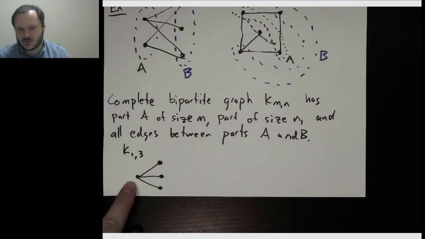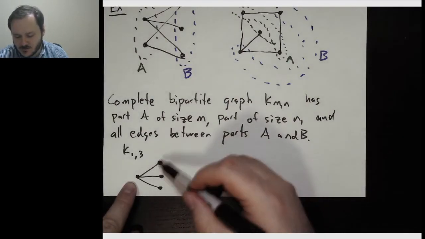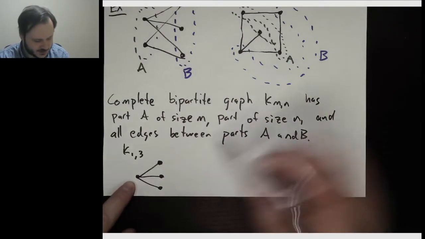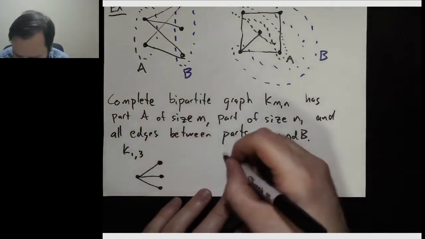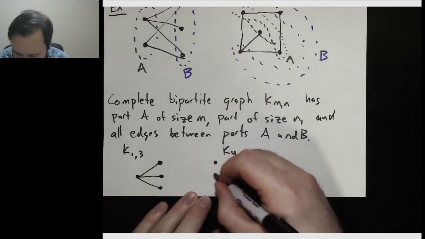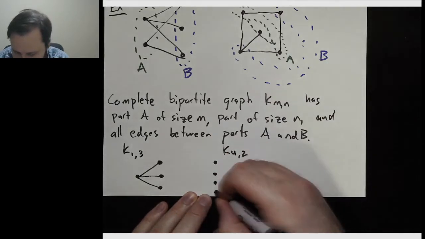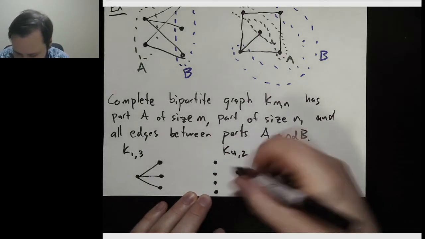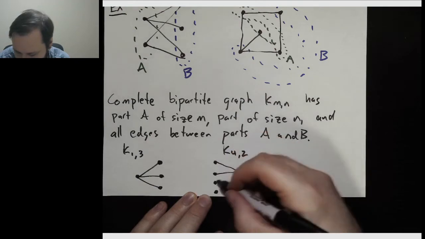One part with one vertex in it, one part with 3 vertices in it, and all of the edges in between. And here's K_{4,2}. One side has 4 vertices, one side has 2 vertices, and I add all the possible edges.